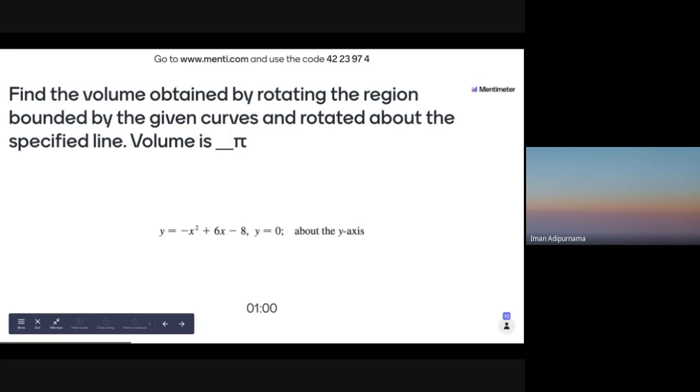It seems you need to use the shell method, right? It is a parabola like this, and you need to rotate it around the y-axis. I think you need to use the shell method.